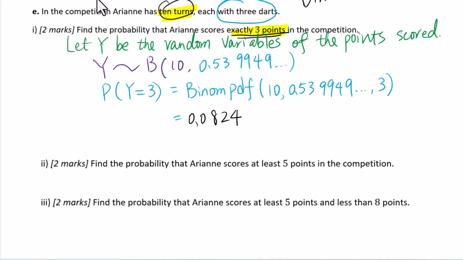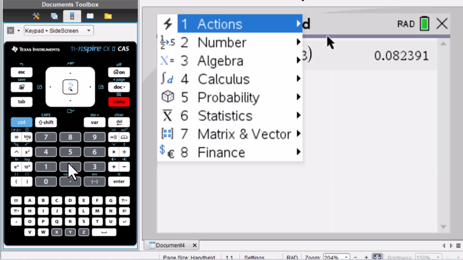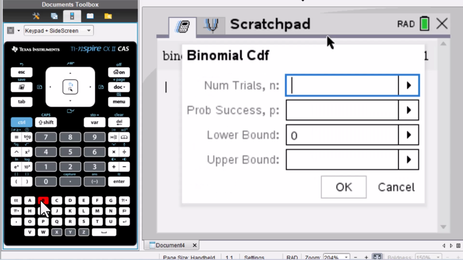Let's go to E2. Find the probability that Ariane scores at least 5 points in the competition. We are looking for the probability of y greater than or equal to 5. We will use binomial CDF. Go to menu 5, 5, B. 10.